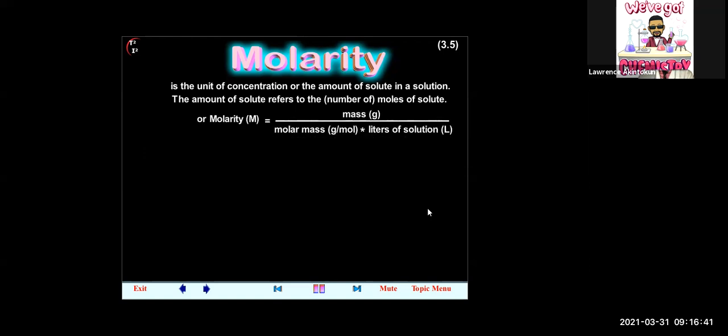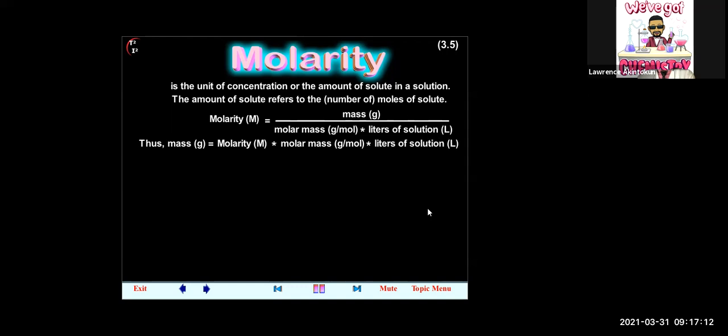Or molarity, M, is equal to mass in grams divided by molar mass in grams per mole times liters of solution, L. Thus, mass in grams is equal to molarity M times molar mass in grams per mole times liters of solution L.